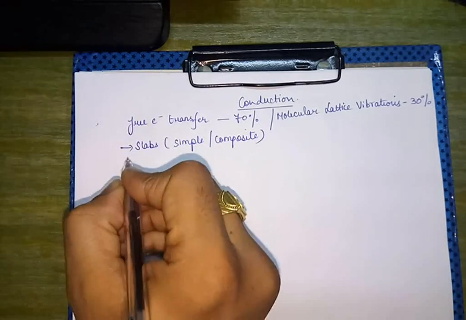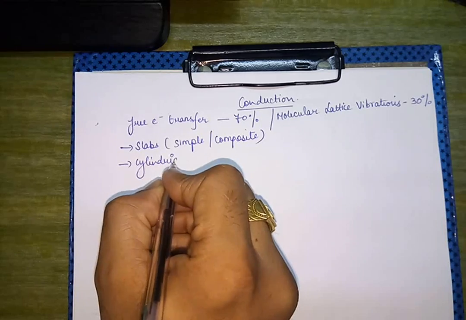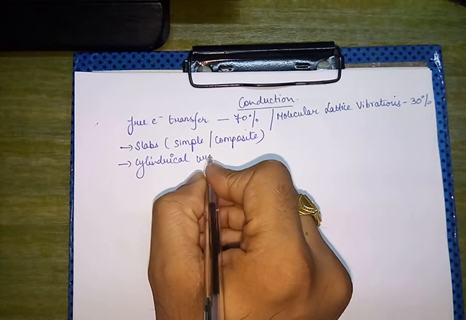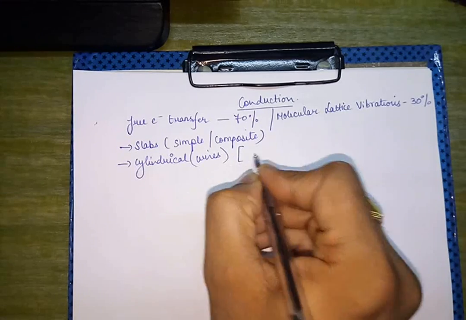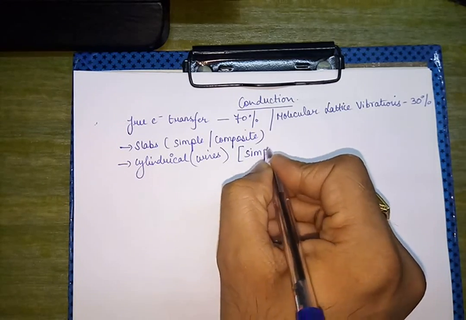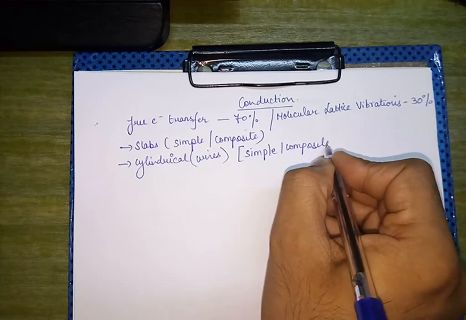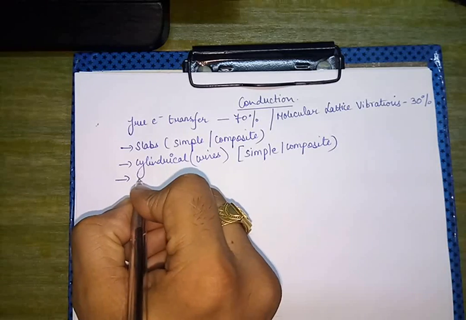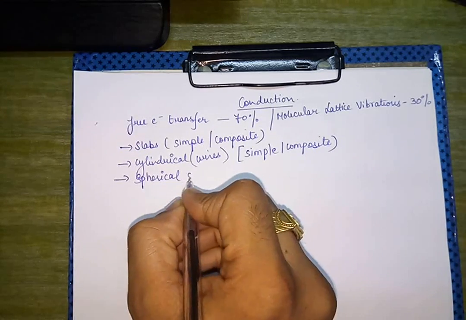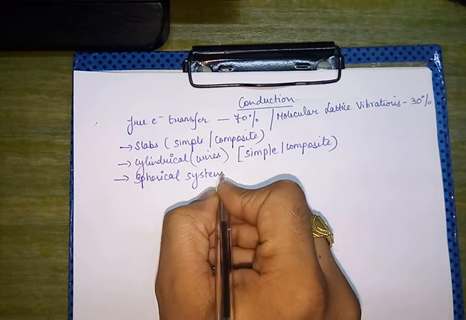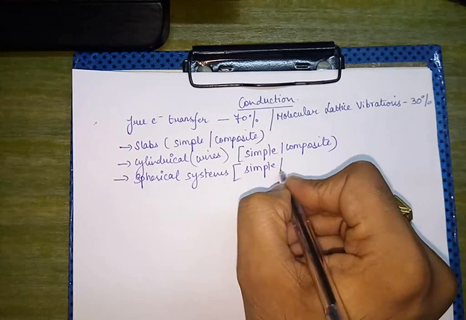Next, through cylindrical wires, for example wires we have, and they can be simple as well as composite. Next is spherical systems. They can be simple or composite.